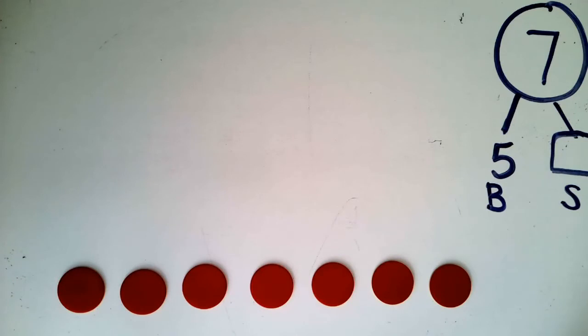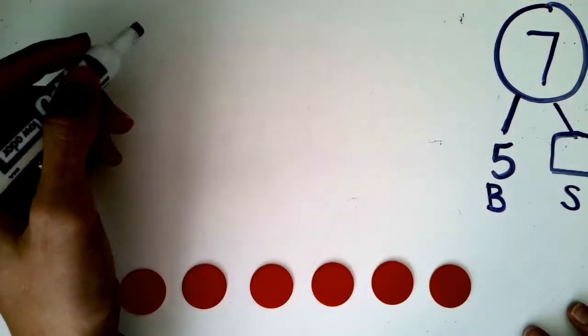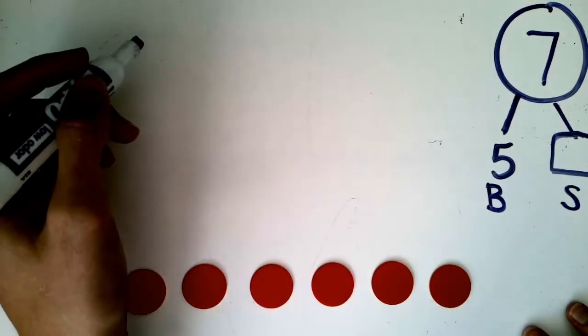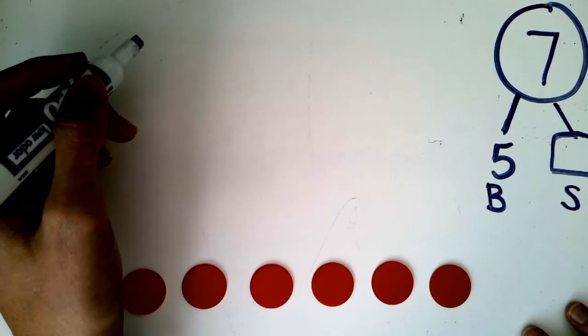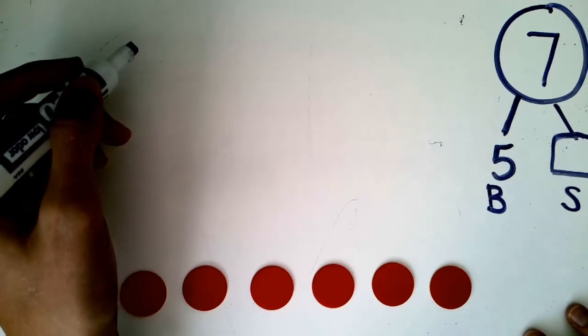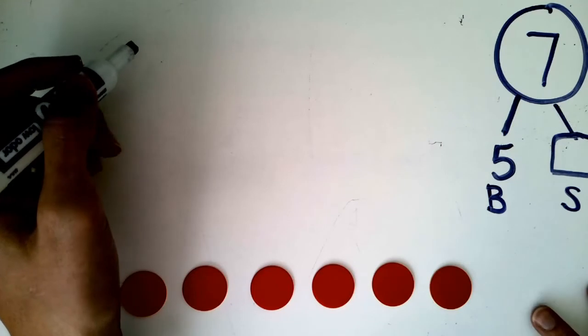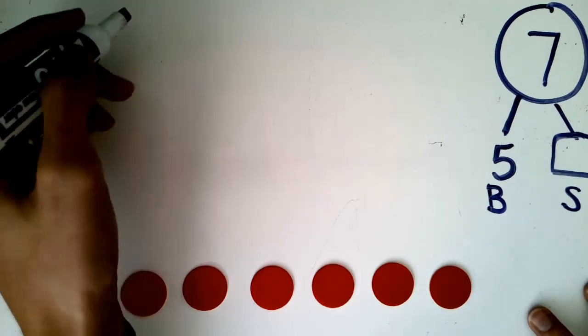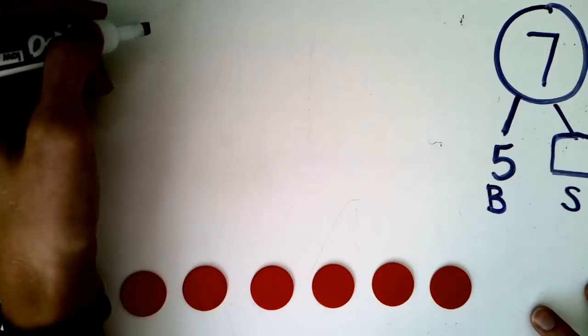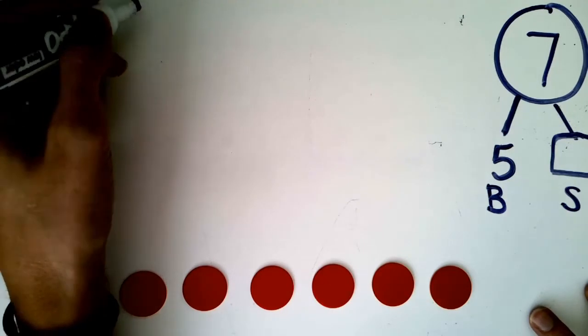Okay? Now, we can also draw this as a picture number bond, first graders. We're going to do a little bit of it in the lesson. We won't do a ton, but I do want you to see what it looks like. So if I were to draw a picture number bond, I'm using quick math picks still, so circles usually.